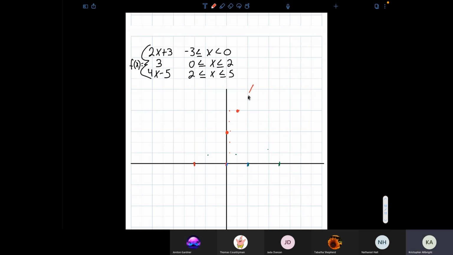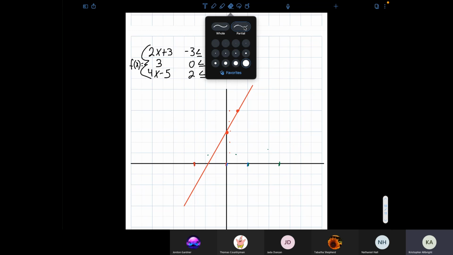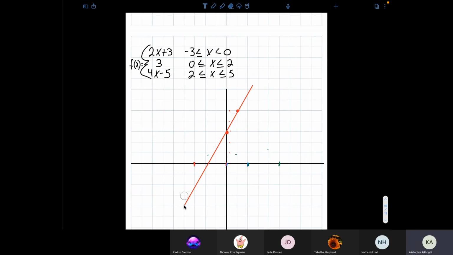Now we draw our line. And that's okay. So now we can pretty much erase anything outside of our section. If it's not in our section, we do not need it. So it goes to right here, and it goes to right here. So we're good. We have that line in our section.